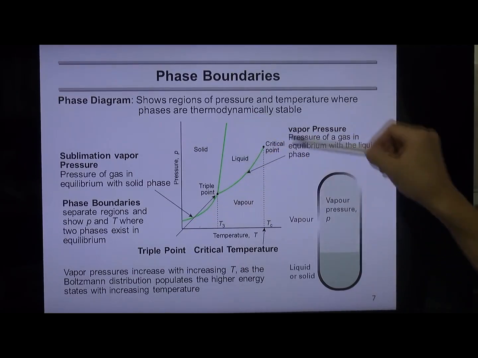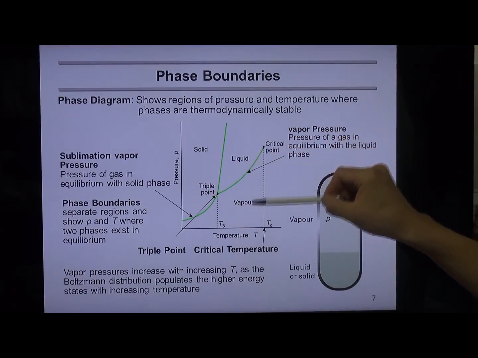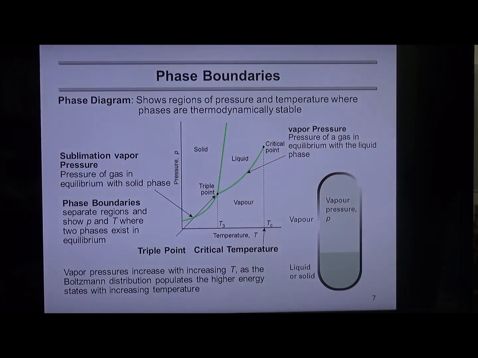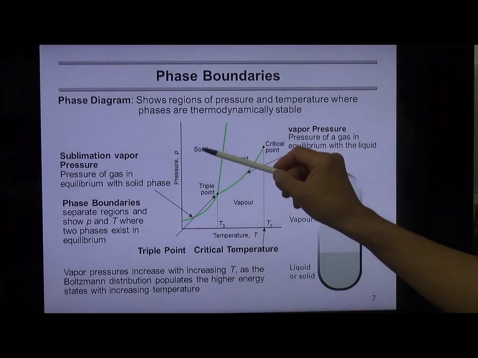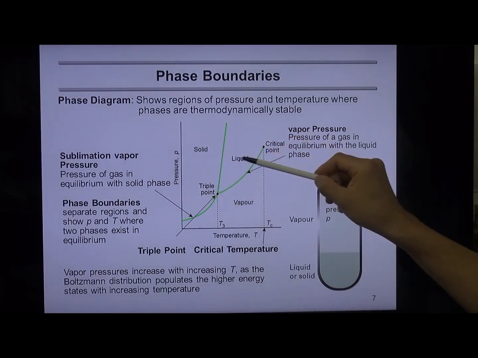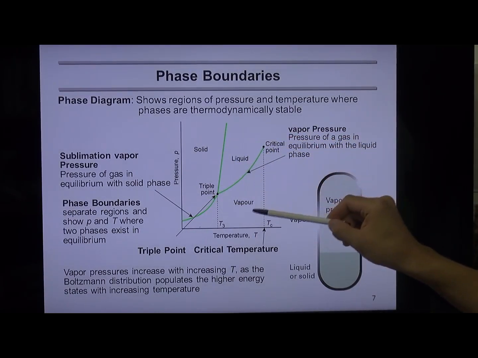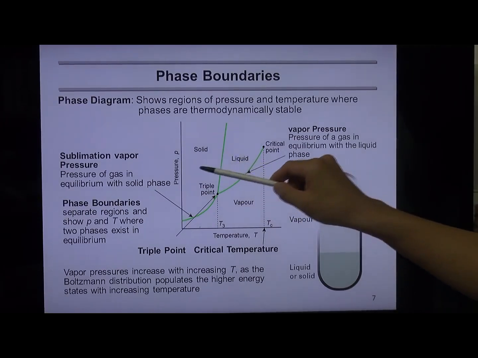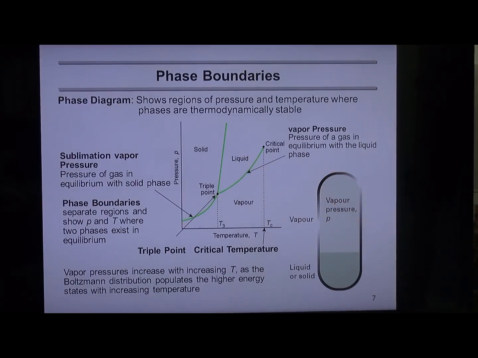Basically, this simple diagram shows at which region the most stable phases are. Solid in this region, liquid in this region, vapor in this region. Very simple. So there are three different regions at which certain phases are most stable.